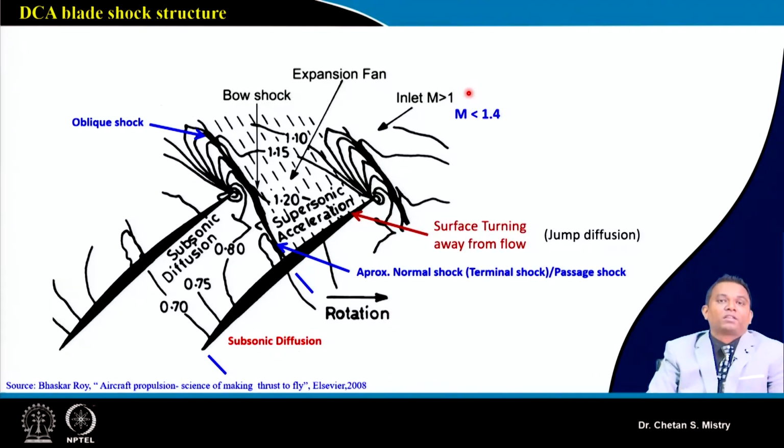Under those circumstances, these blades have certain limitations. So we will be discussing how to get rid of these difficulties. This is all we are discussing in the sense of flow behavior that is happening for the DCA blade.